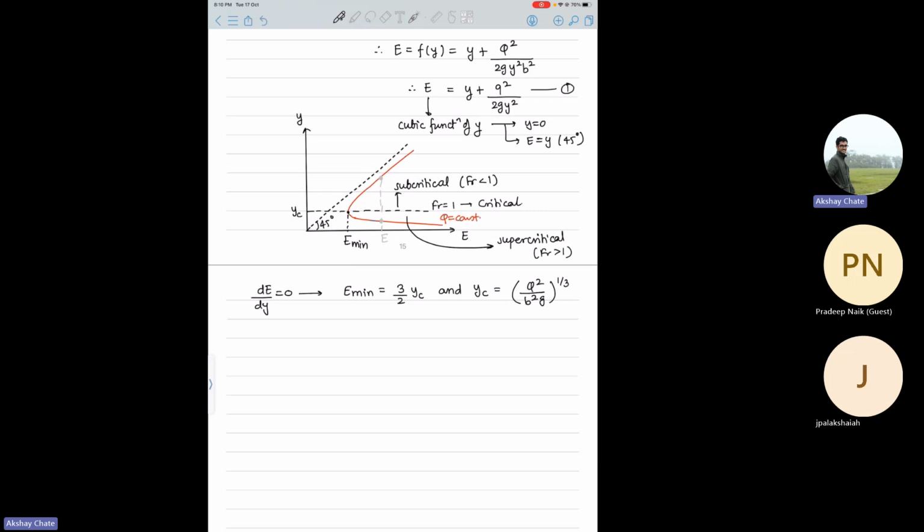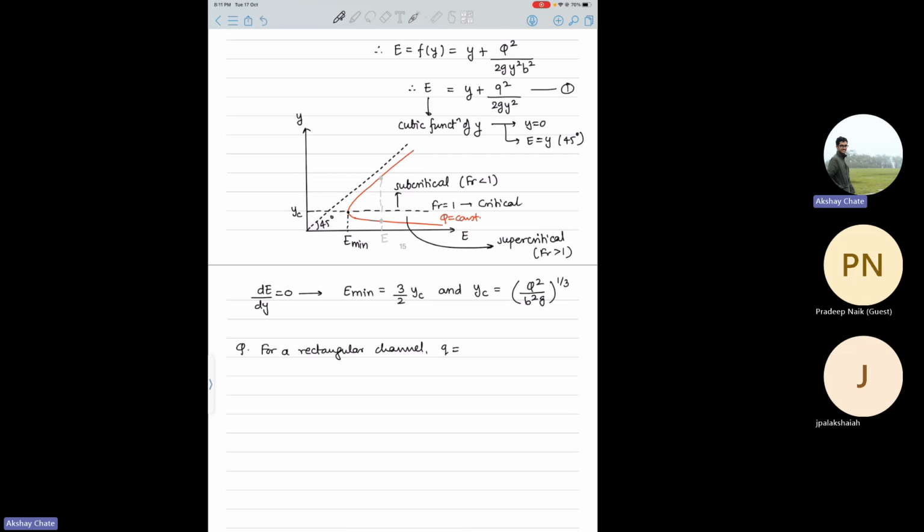So I can make one question here itself. I can ask you for a rectangular channel. Let's say we have a flow rate. Maybe we can have one question itself, and similar questions you'll see at a lot of places. For a rectangular channel, you have this flux, not flux, one second.